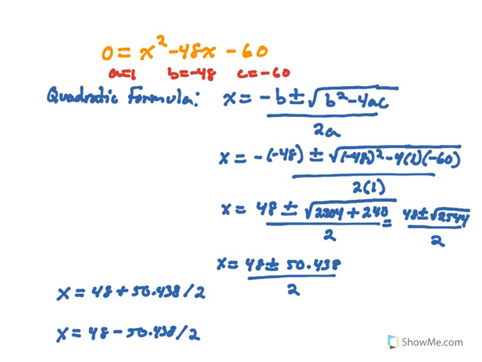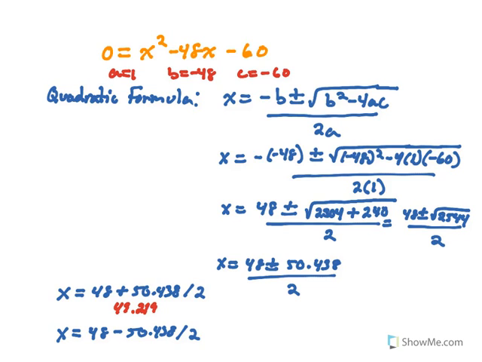So let's see what we get. Again, we got 50.438, and then we want to add 48 to that, and then divide that by 2. And I came up with 49.219.